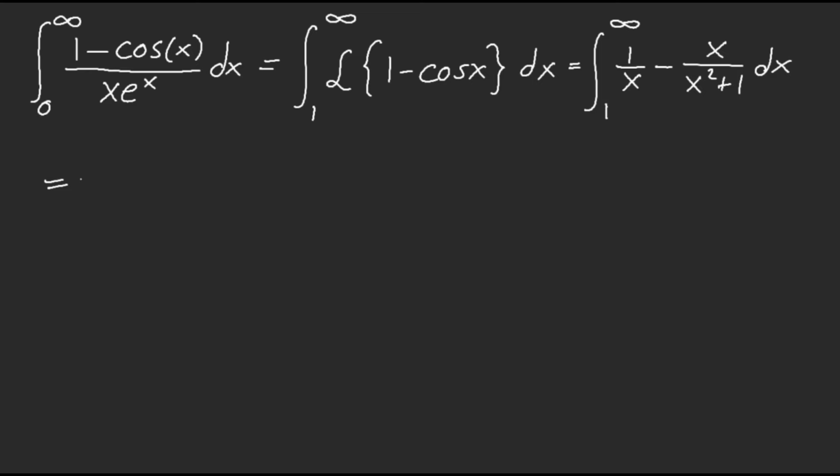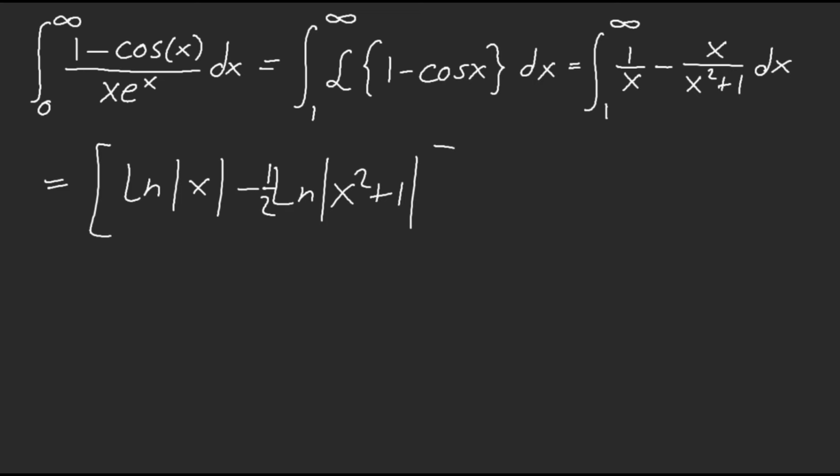And so now we simply have ln of x minus half of ln of x squared plus 1 from infinity to 1. Plug in 1, it's 0 minus half of ln of 2. The limit as x goes to infinity, we technically have x over the square root of x squared.